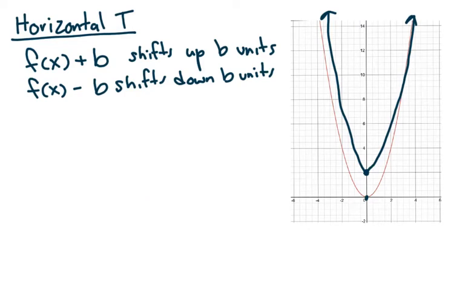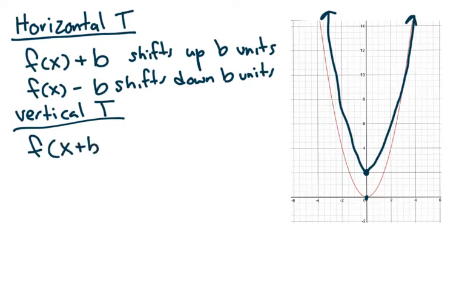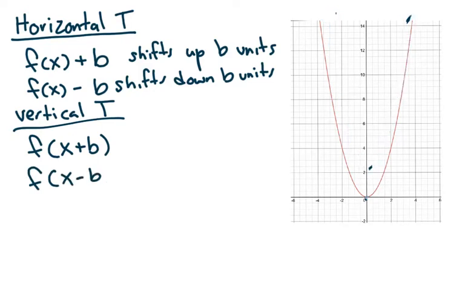Okay. The next shift I want to talk about is a horizontal shift, horizontal transformation, okay? And that is if we took our function and within the function we added b or subtracted b, okay?